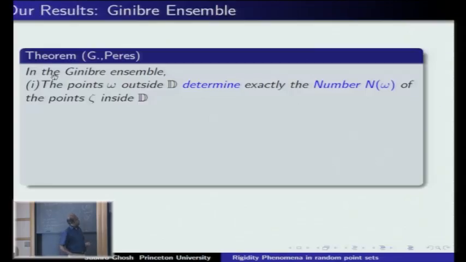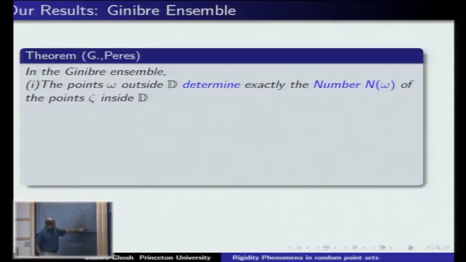For example, for the Ginibre ensemble, the points outside D determine exactly the number n of points inside D. So the conditional measure actually lives on a much smaller set, D^n. And okay, so now we know that the conditional measure is rather singular, but how singular is it?